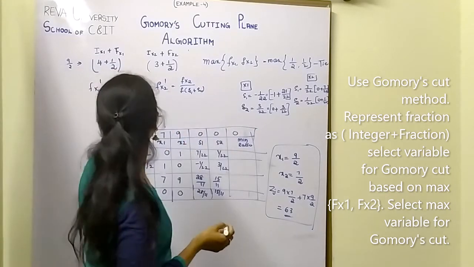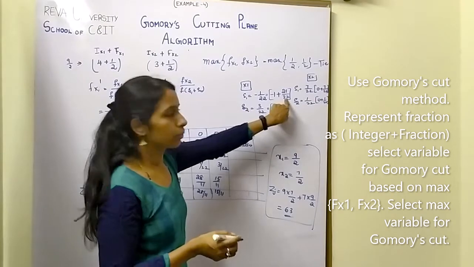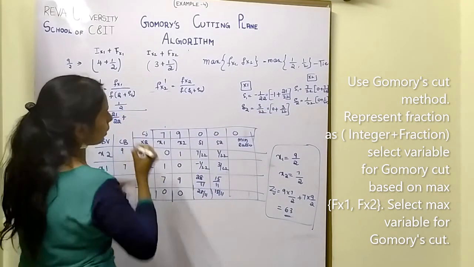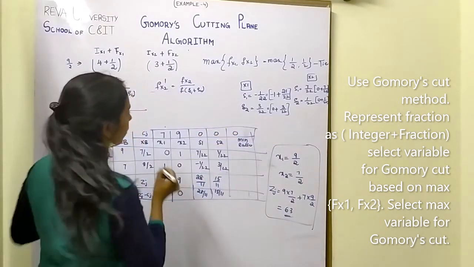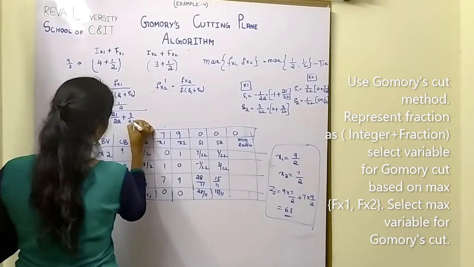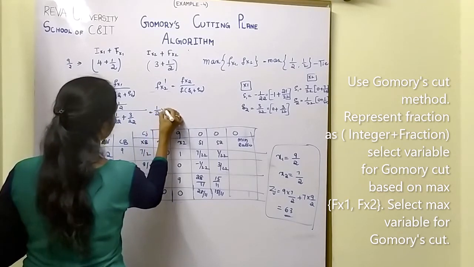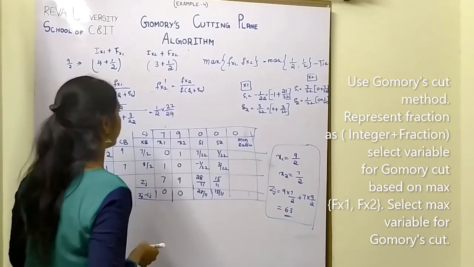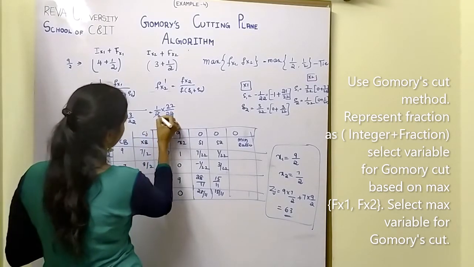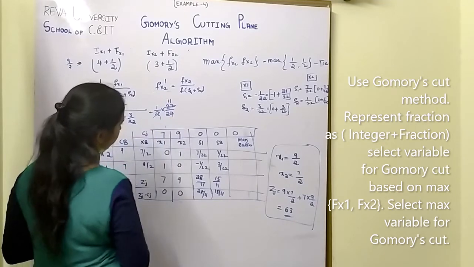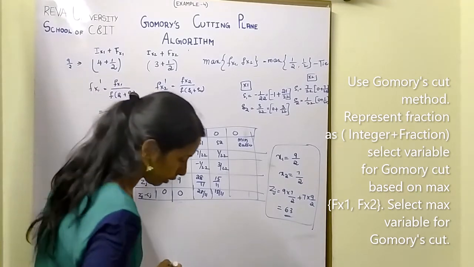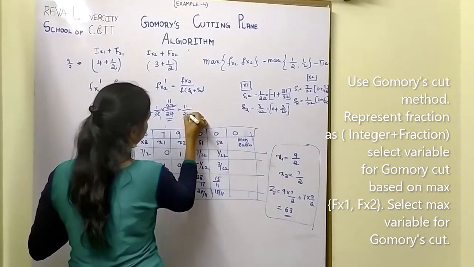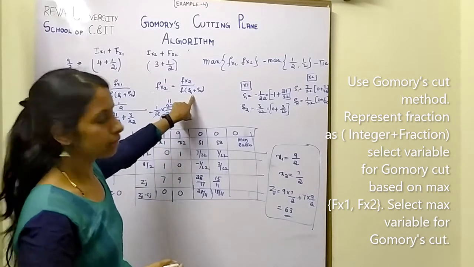For x1, the fractional part of s1 is 21 divided by 22 plus for s2 3 by 22. This gives you 1 by 2 divided by 24 by 22. So 2 ones are 2, 11s, so 11 divided by 24.